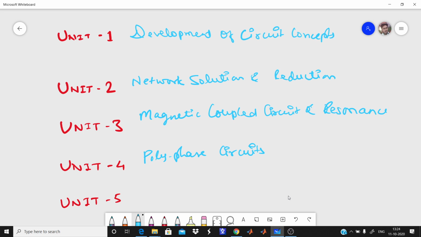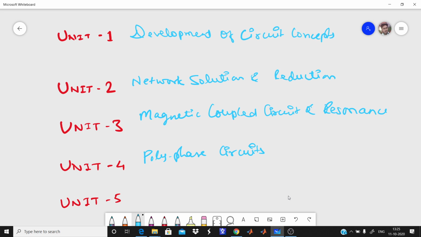Polyphase means three phase and so on. Basically, in the current power system network, three phase and six phase transmission lines or networks can be used, and you will get much more information in your higher semesters in the power system network subject.